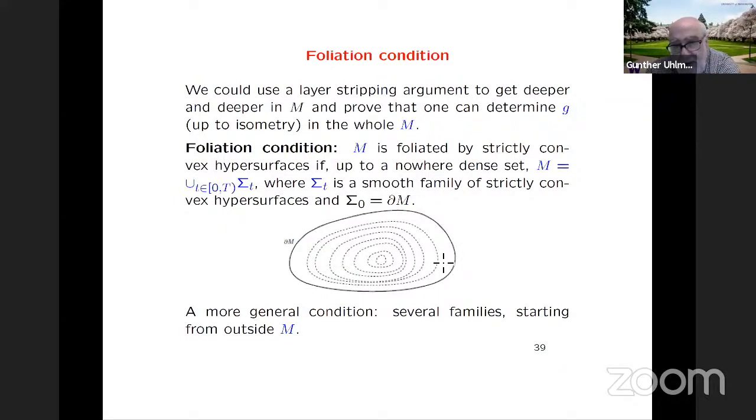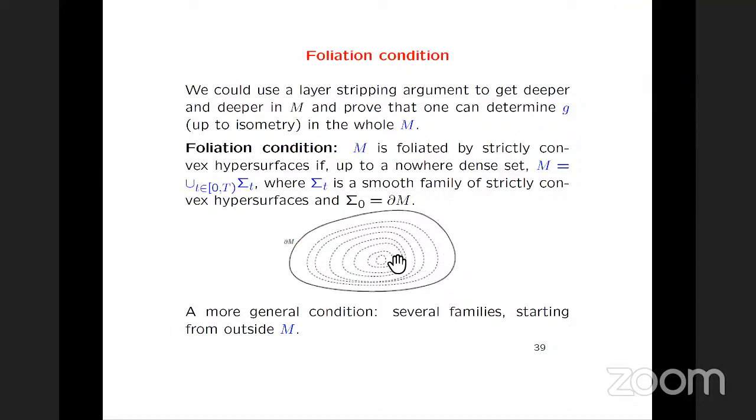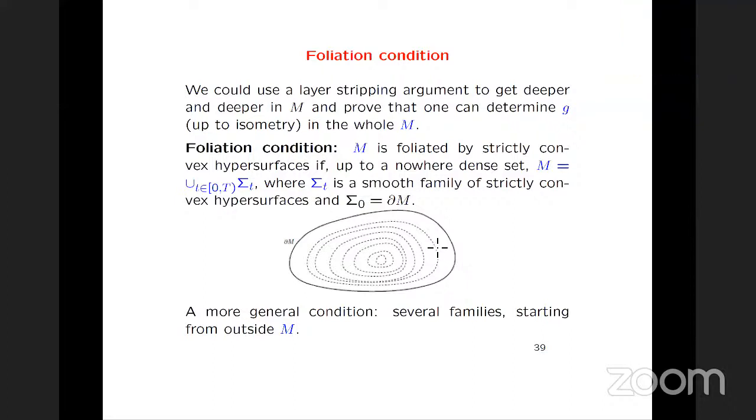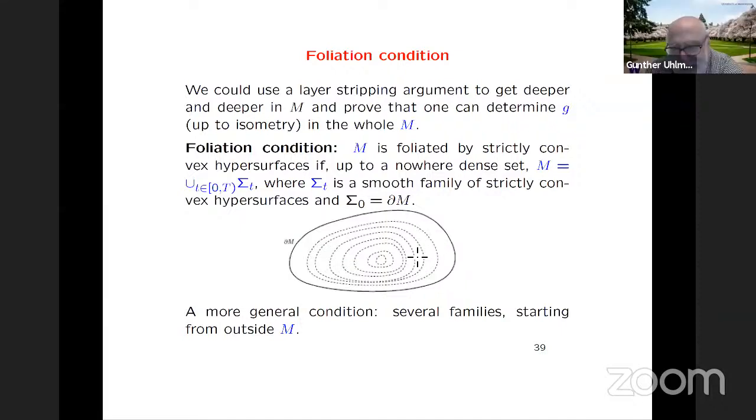So I stop and then I start again. So there might be a conjugate point in total, but I'm avoiding it. It's like there are wells all over the place that you may fall into, or traps. You're avoiding the trap at every stage, by just going a little bit. That's the idea.